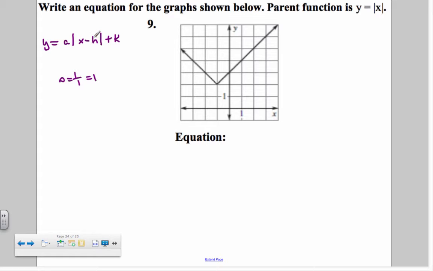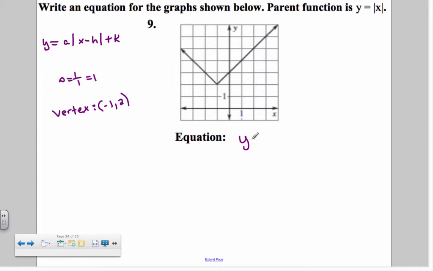For my h and my k, I know that my vertex is always h comma k. So let's write what the vertex is for this absolute value equation. My x goes -1, and then I go up 2. So I know that my h is -1 and my k is 2. Let's write this equation.